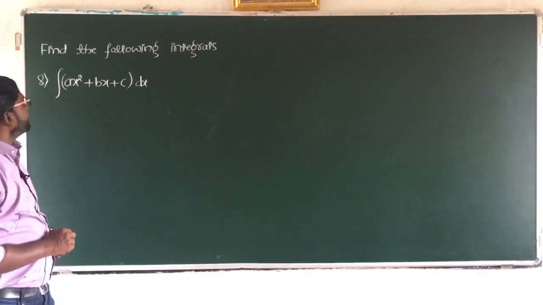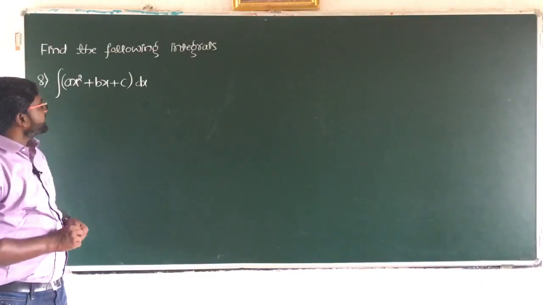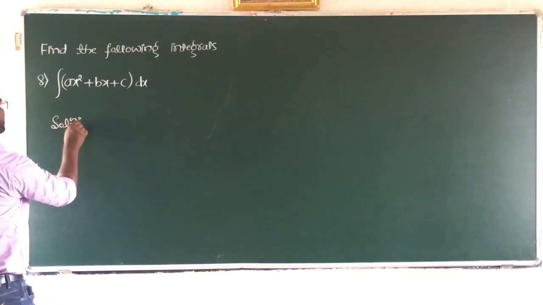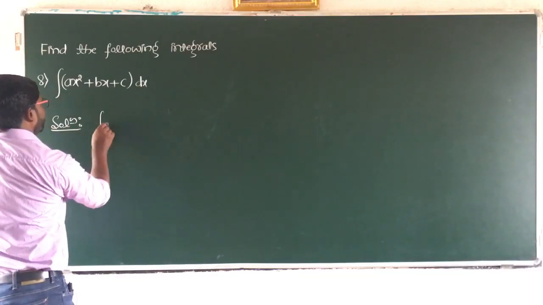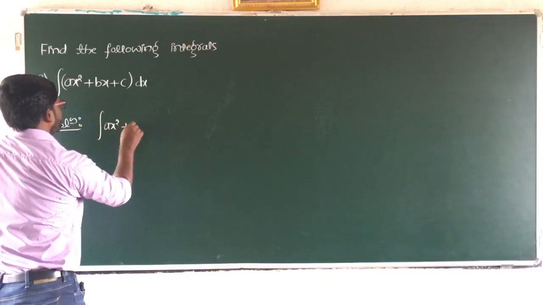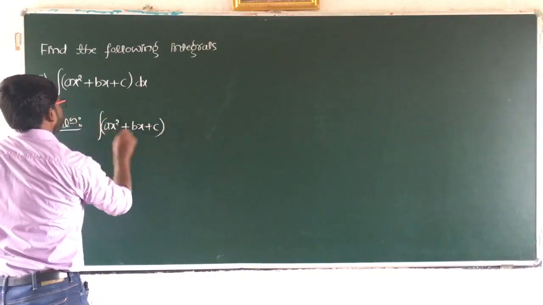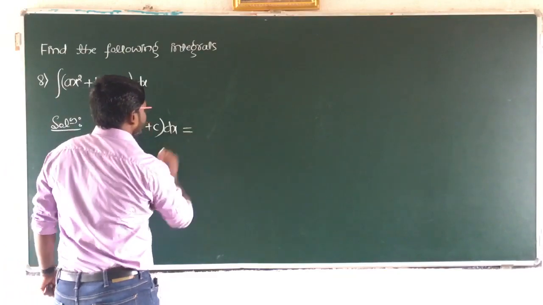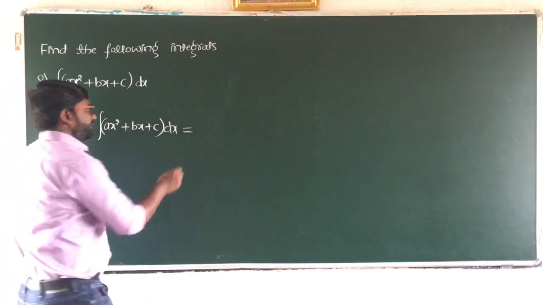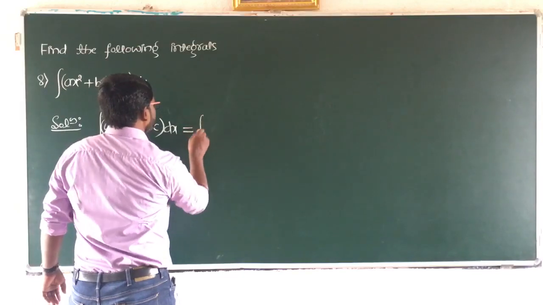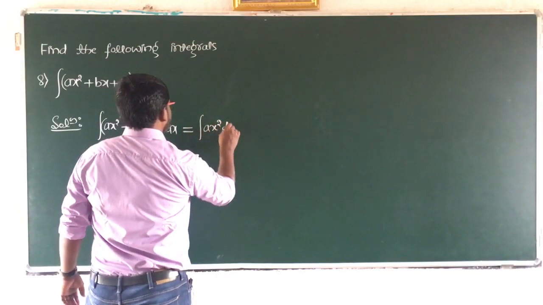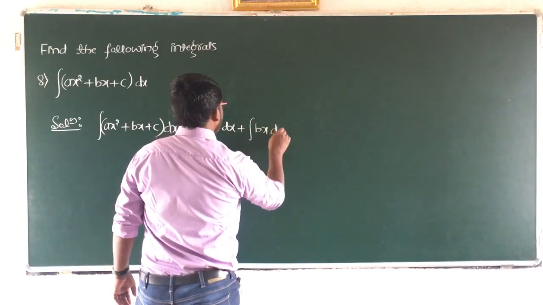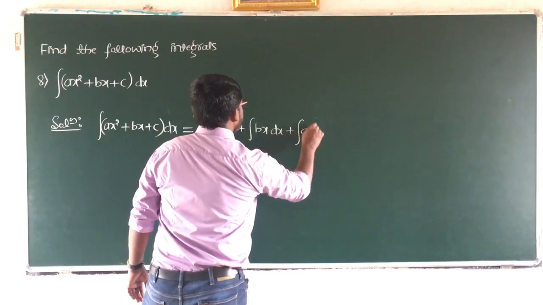The eighth problem: integral ax square plus bx plus c dx. We have to find the integral of the given function. So it is integral ax square plus bx plus c dx, which is equal to, I integrate them separately: integral ax square dx plus integral bx dx plus integral c dx.